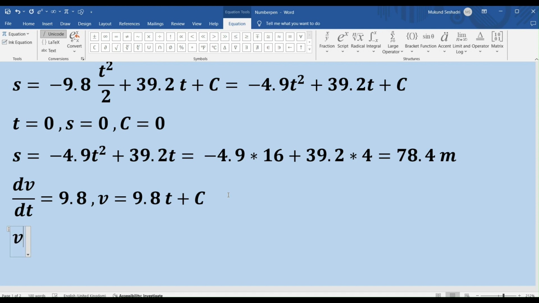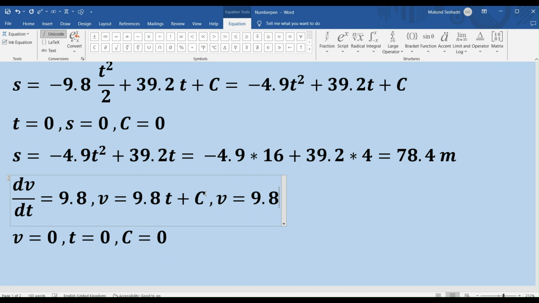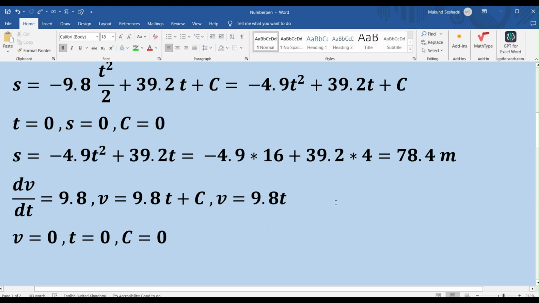So I have my v equals 0 at t equals 0, which means my c can be solved, and it is nothing but equal to 0, right? So my v post solving for c is plus 9.8t, right? So this is the equation for v.